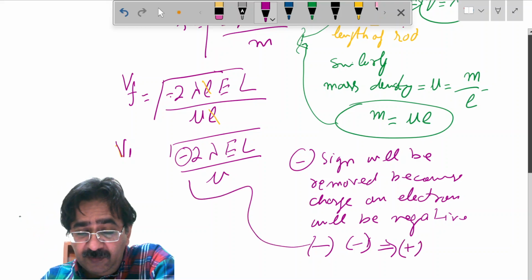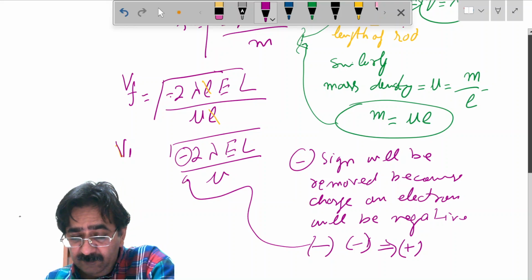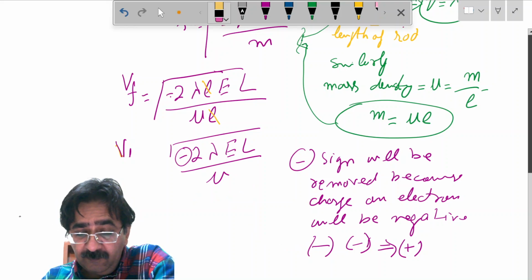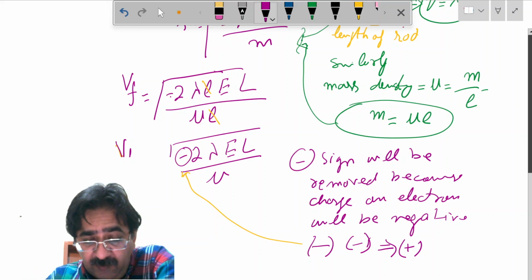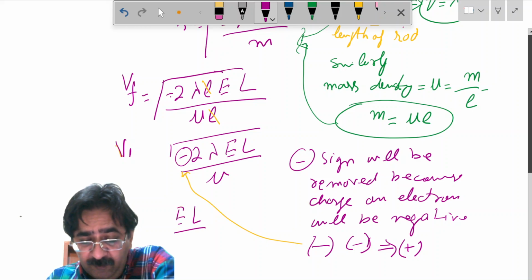So this is the reason. Due to this, VF will become the square root of 2 lambda E L over mu.